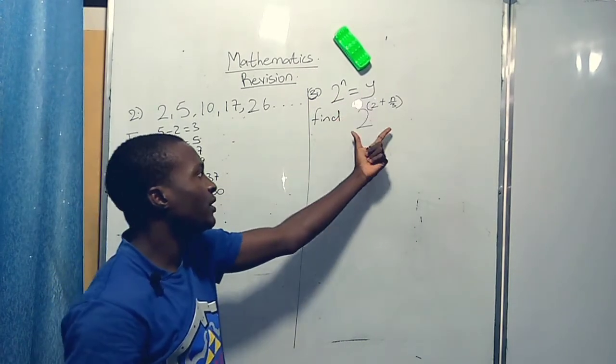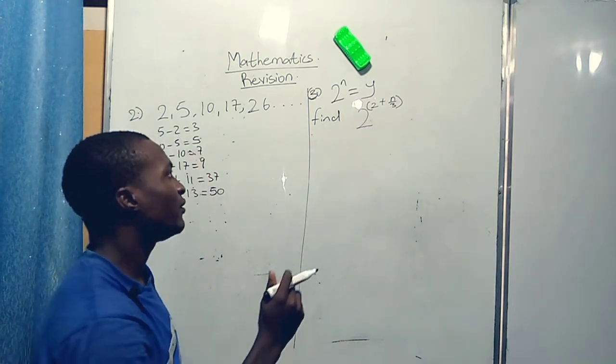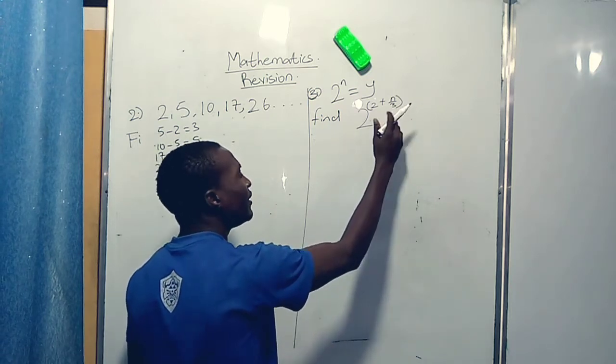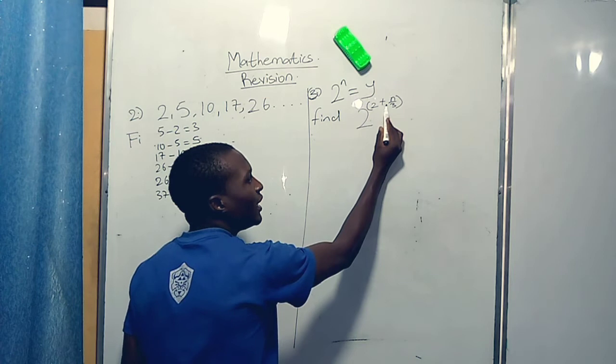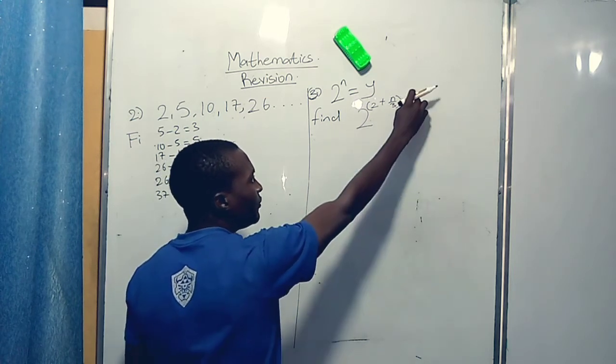So you can see how we can express this value in terms of y. In doing that, the first thing you have to do is to see how we can simplify this term using indices. From indices, whenever you have the powers being added together, it simply means that the numbers are being multiplied, with a different power.